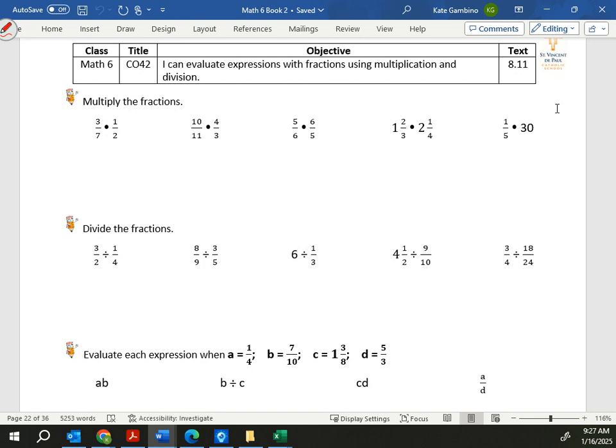Simplify, simplify, simplify. So to multiply, we multiply straight across. And then we simplify.